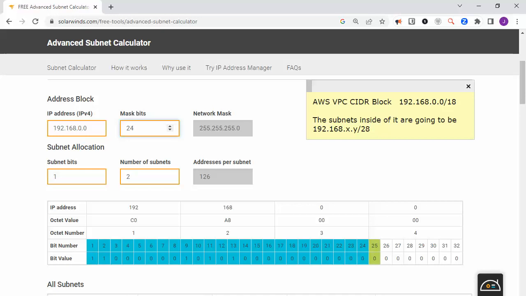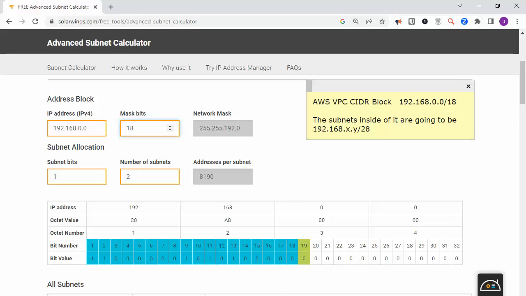Yeah, it used to be these ones, and now we have this one. Now what we have in this situation is a /18, so I change this to 18. You see that now we have this space for our subnets as well as hosts.